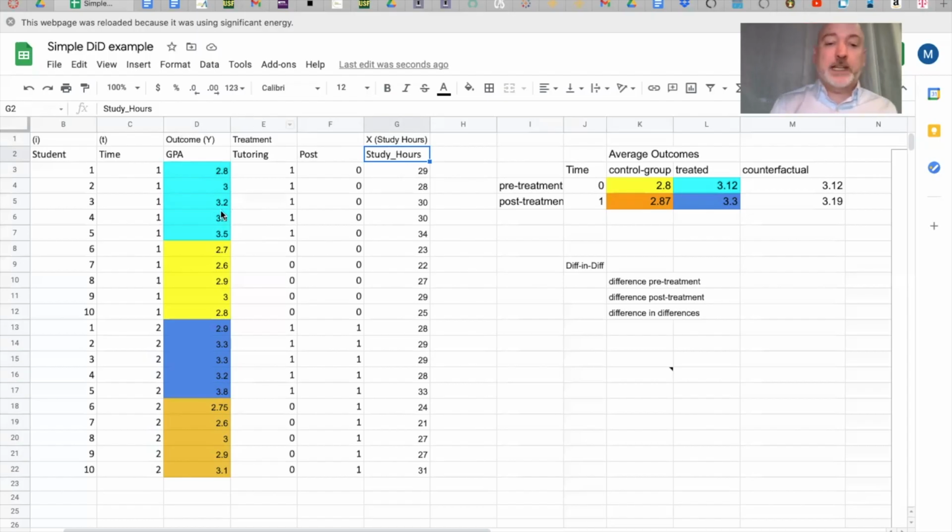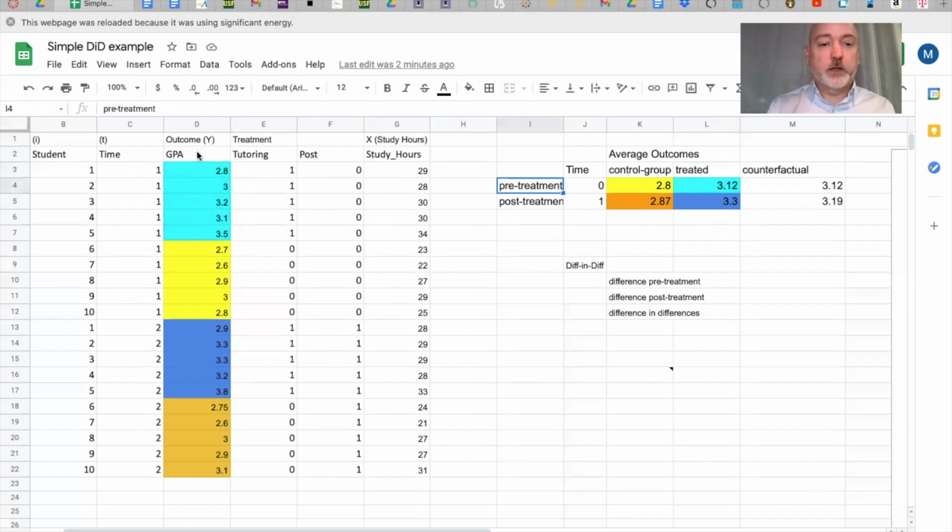I have conveniently color-coded the data here. In this first group, we have our outcome variable for the treatment group before treatment. Looking over here, we see our pre-populated 2x2 table. This number here, 3.12, is the average of the treated group before treatment.